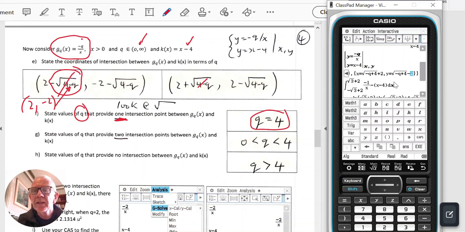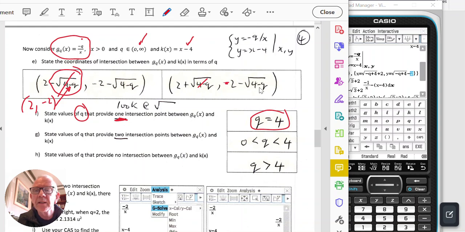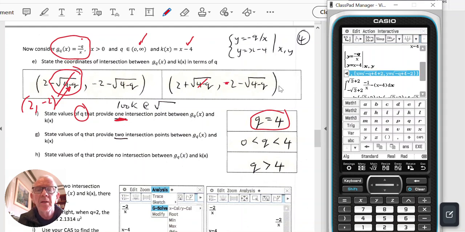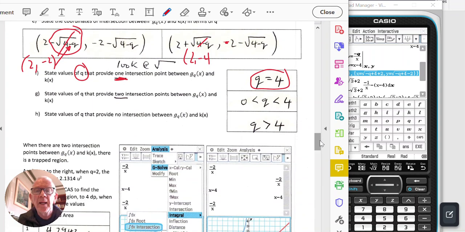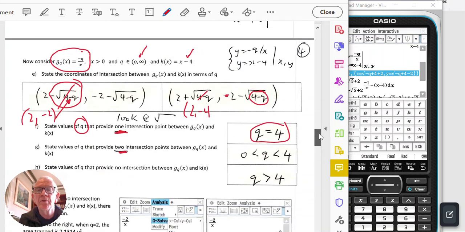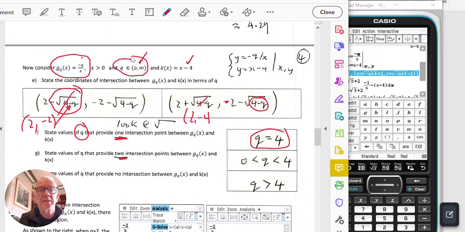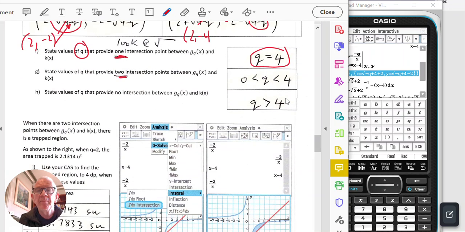That's also negative 2, so that should be a negative 2 there, a transcription error, and that gives me 2, negative 2 as well. And when q goes from 0 to 4, that will be a positive value. I can't include 0 because q doesn't include 0. And then bigger than 4 will provide no intersection point.